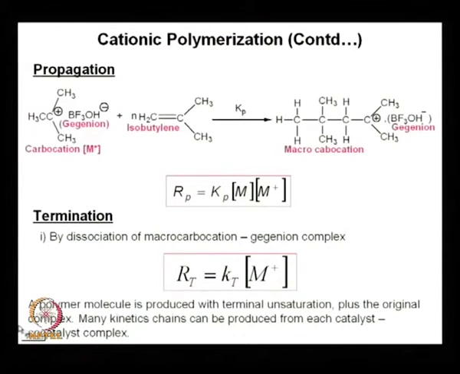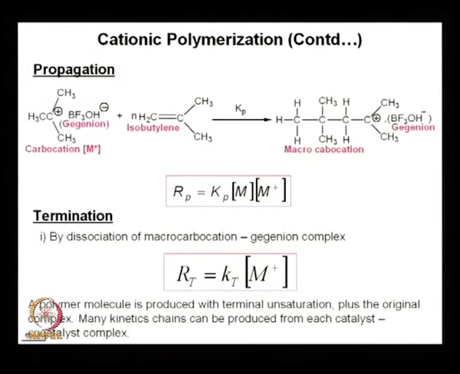The original complex is regenerated at the termination step by this macro carbocation decomposition or dissociation. So, the original catalyst co-catalyst complex is regenerated, and that is still active as it was in the beginning.